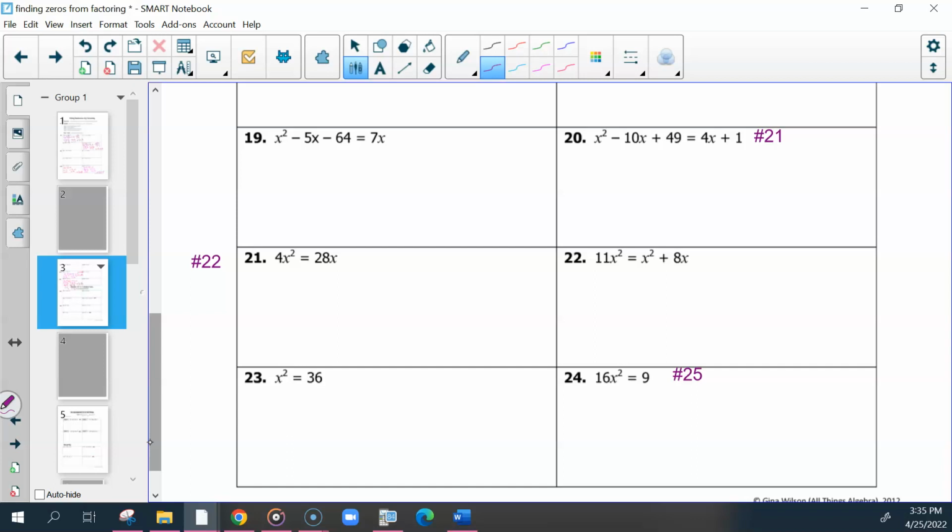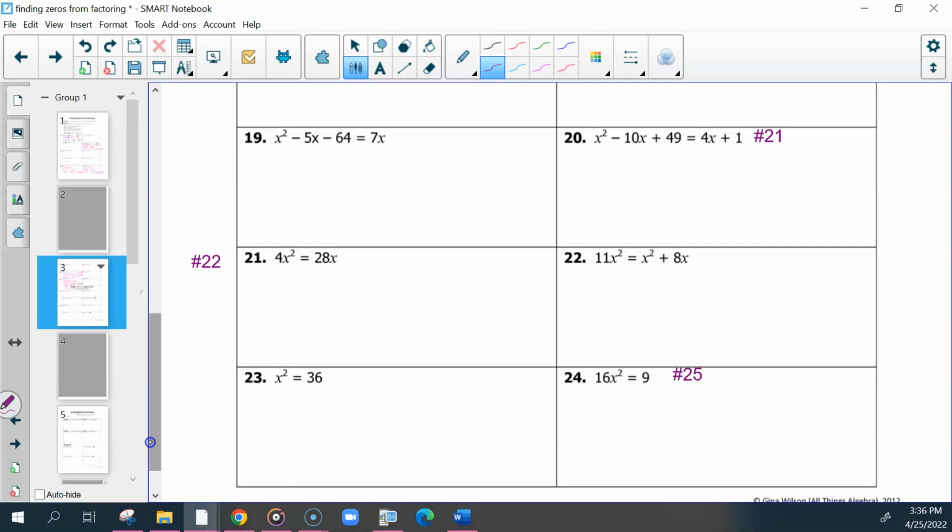If you get something that looks like any of these where you don't have a 0, that means you have to solve this partially and get a 0. You need to move everything to one side. I will say it's easier if you put everything on the left if it's already there. So like in number 20, I already have my x squared and everything over here, so I could just move everything to the left.